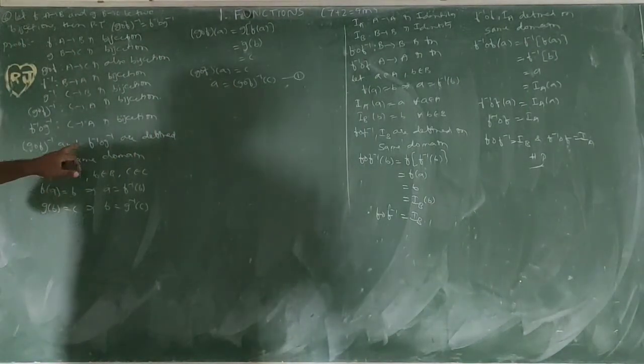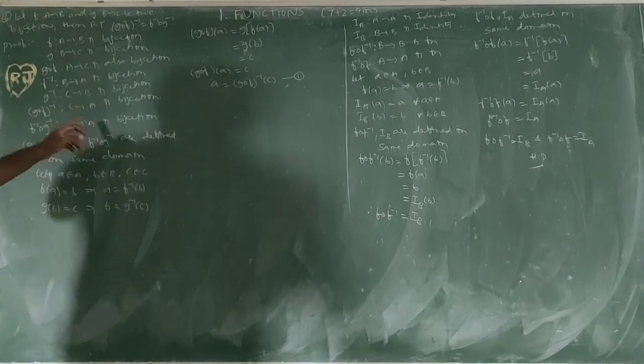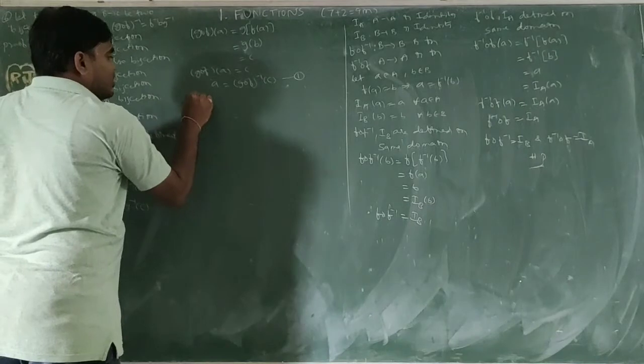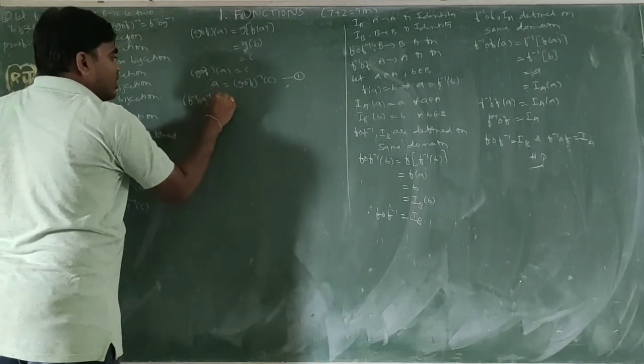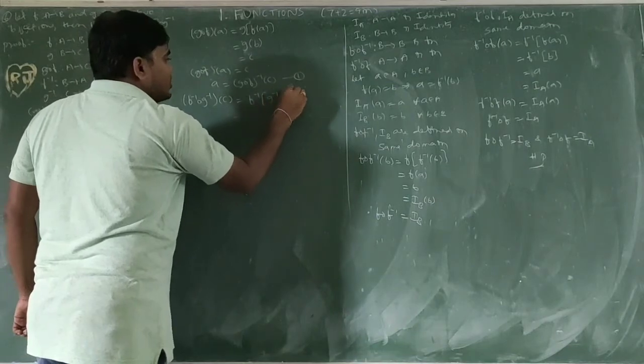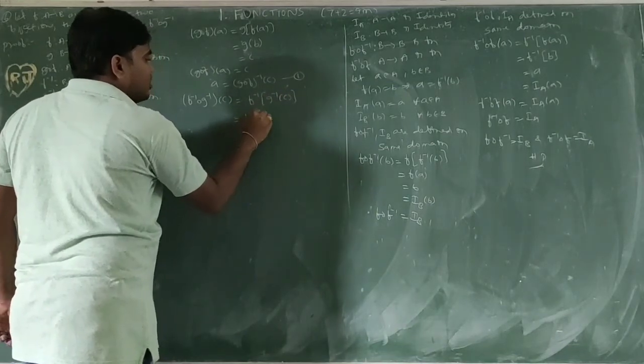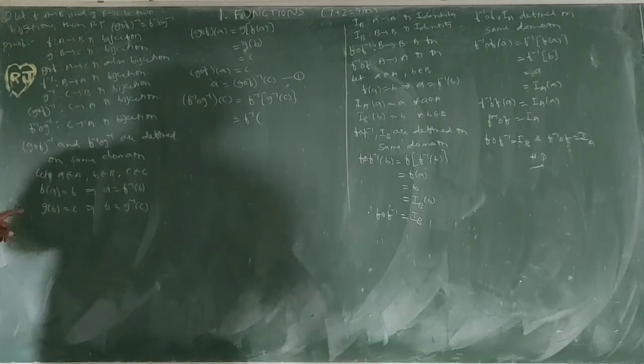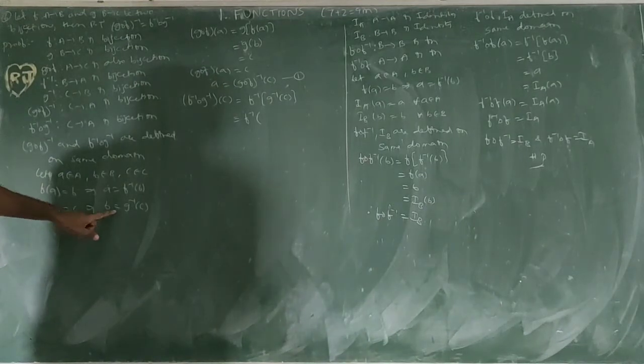And one more, F inverse circle G inverse. This domain is also C. I am taking an element in C. So F inverse circle G inverse of c equals F inverse of G inverse of c. Since G of b equals c, b equals G inverse of c.